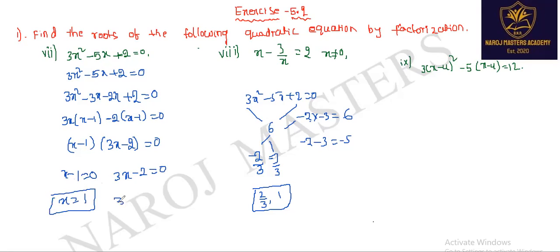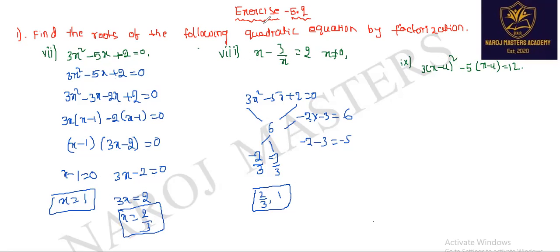And 3x minus 2 equal to 0 means 3x is equal to 2, and x is equal to 2 by 3. Both we got plus only. So look at the values: 2 by 3 comma 1 or 1 comma 2 by 3, both are same. So this is the general trick to find the roots easily. But we have to write in this format in the exam.